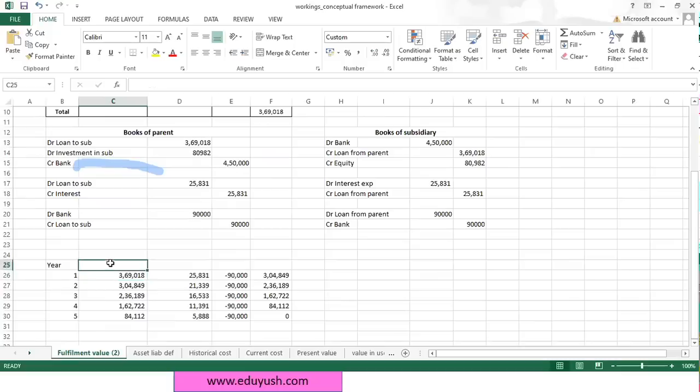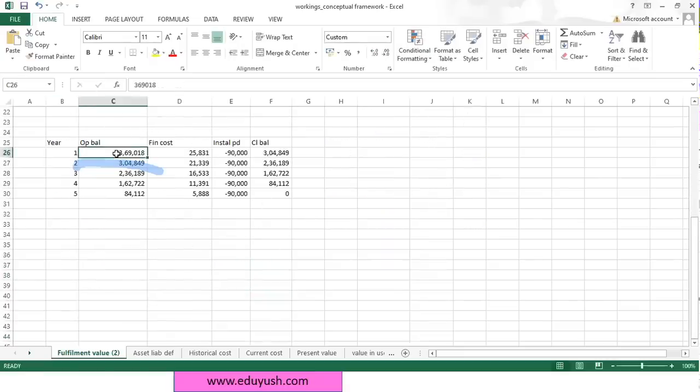This is the opening balance, this is the finance cost, this is the installment repaid, and this is the closing balance.